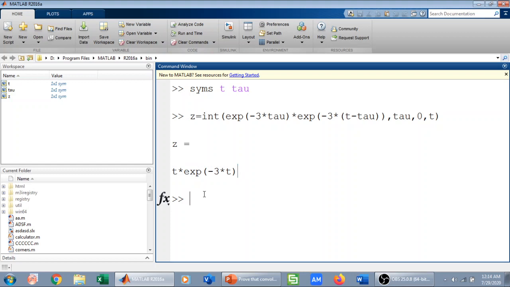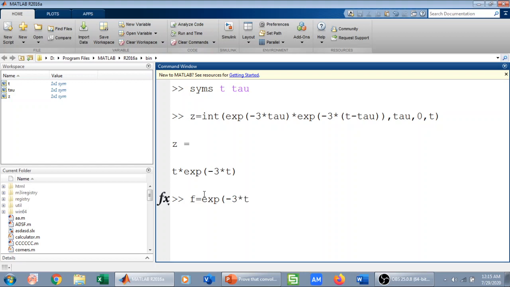Now for Laplace transform, t is already defined, so I can leave it here. I will define f equal to exponential of minus 3t.